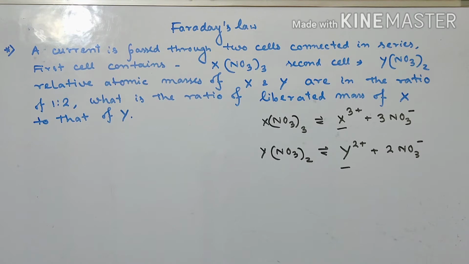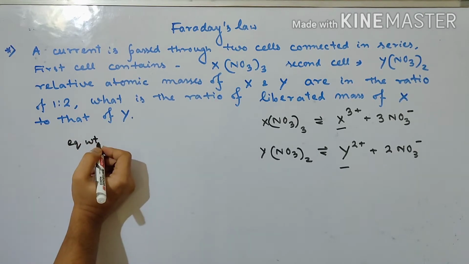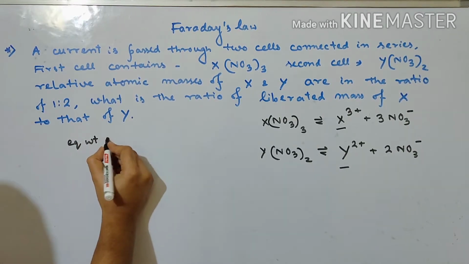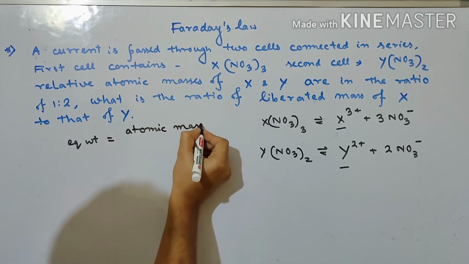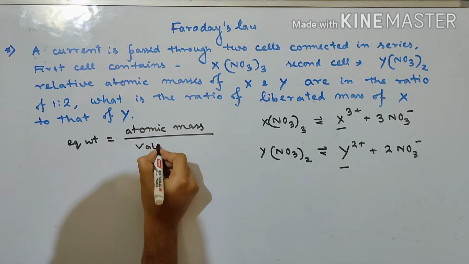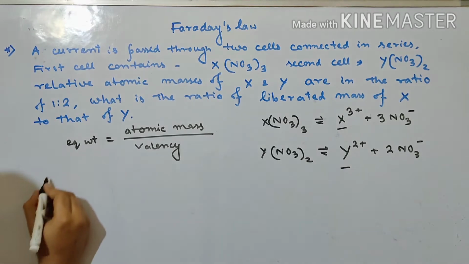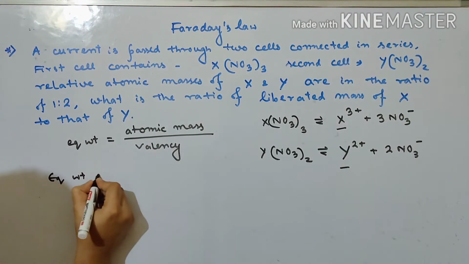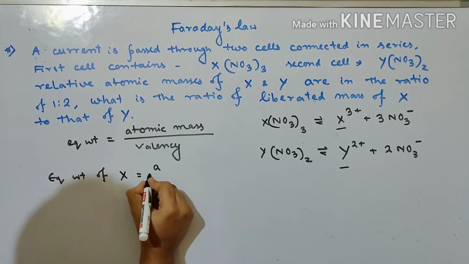Now, carefully see. We know that equivalent weight is written as atomic mass by valency. So we can write equivalent weight of X is equal to A by 3.